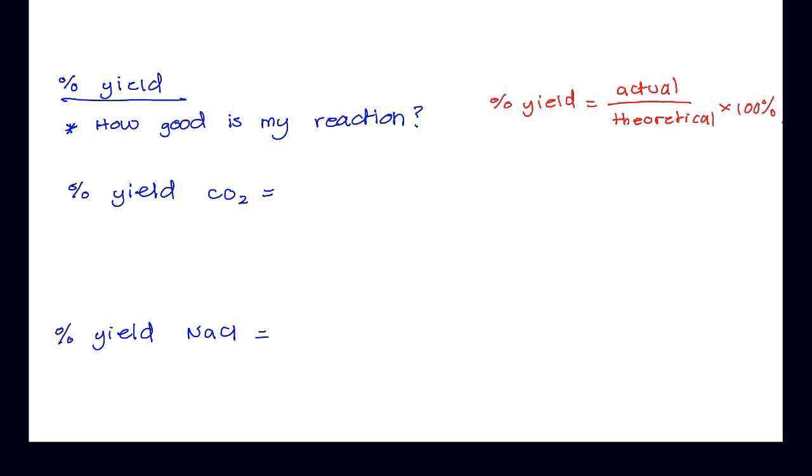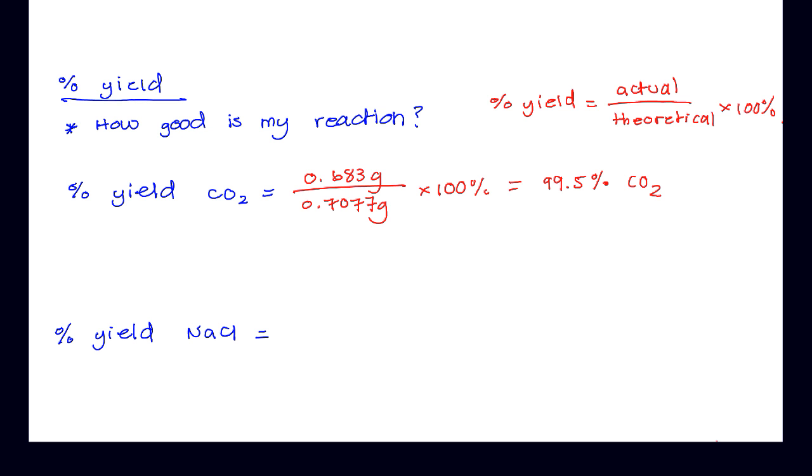So let's look at both cases. For the carbon dioxide, what we obtained experimentally is 0.683 grams. What we calculated for the theoretical yield was 0.7077 grams, and we want to multiply that by 100%. We're dividing, so we should have 3 significant figures in our answer. We get 99.5% for carbon dioxide.